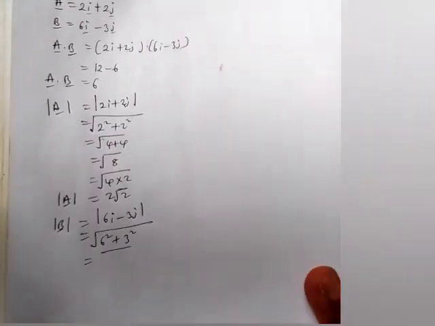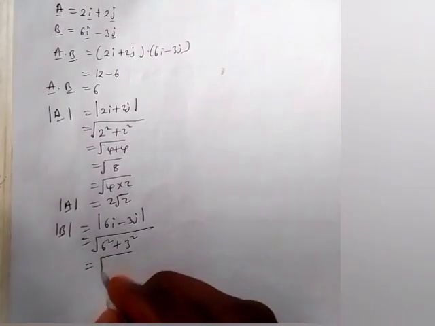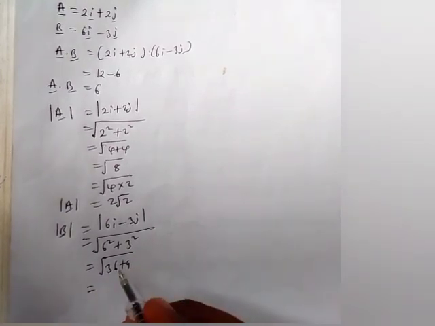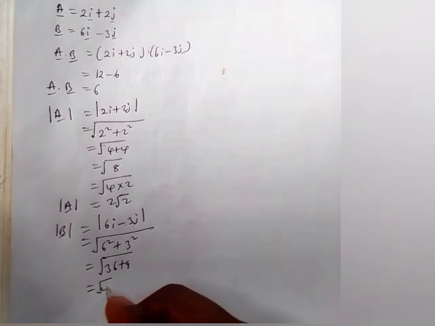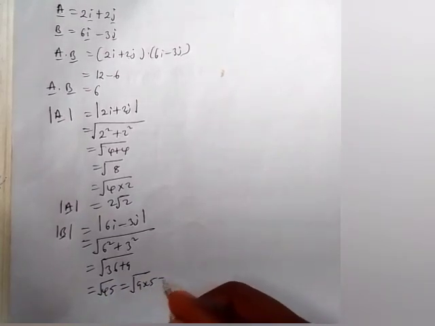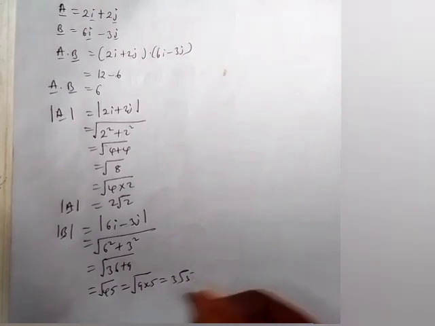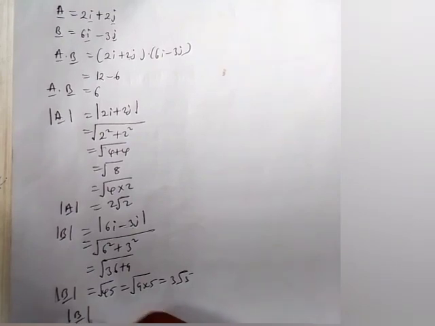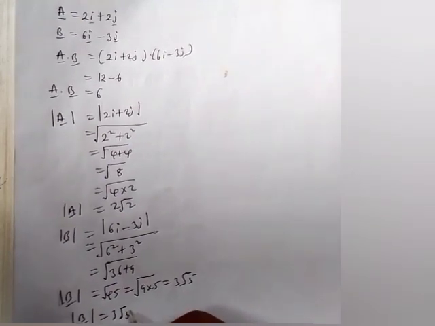Let me shift it so you can see it. We have 36 plus 9. If we do that, that is 45, which can be expressed as 9 times 5, which is simply 3 root 5. So magnitude of vector B is 3 root 5.